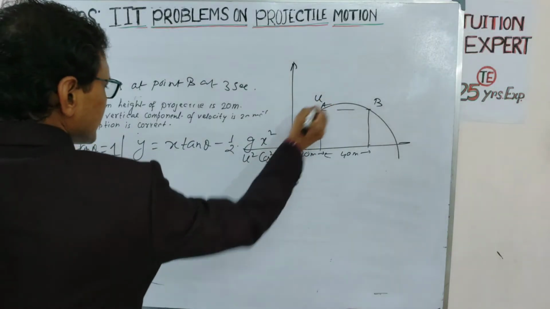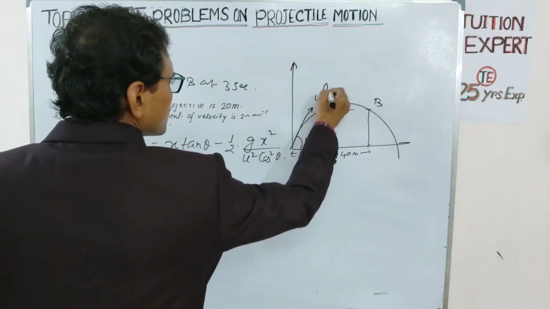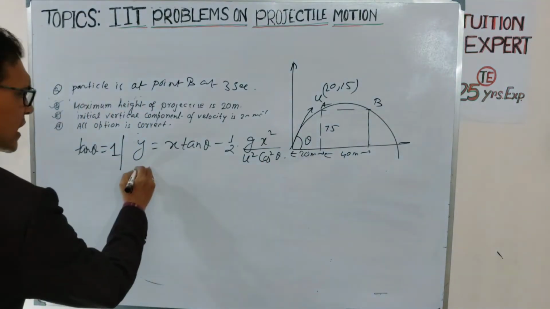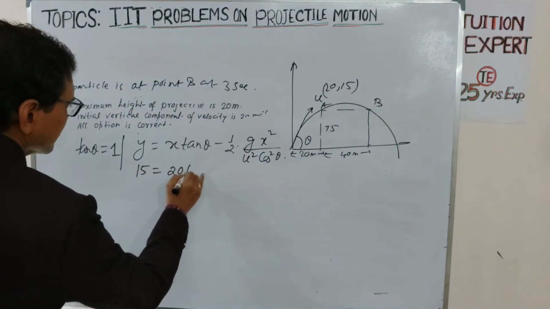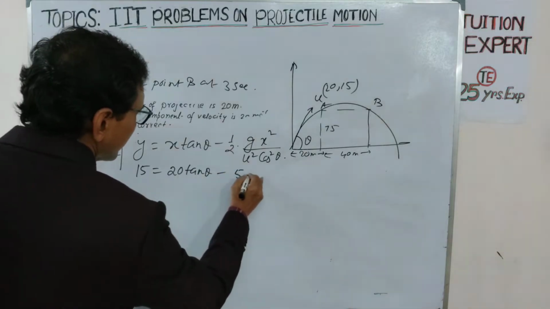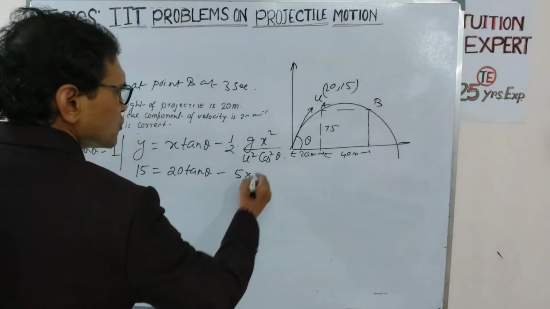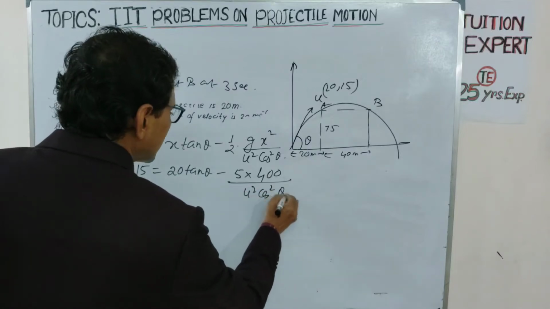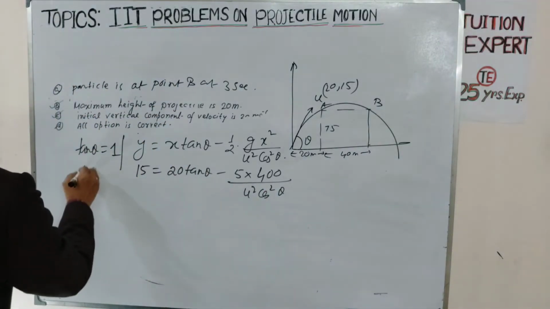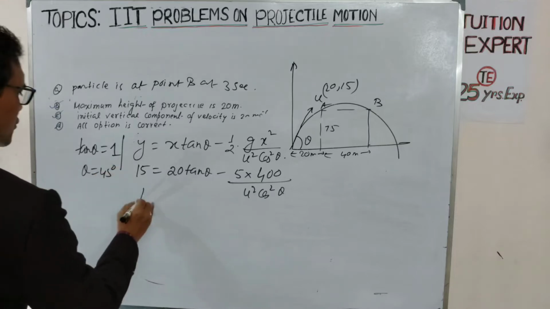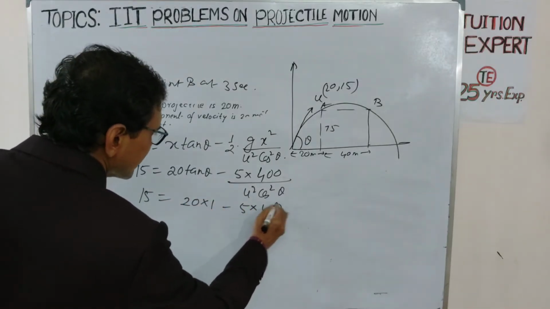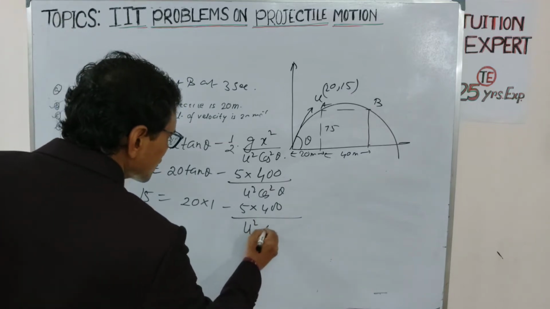Now A, that is point 20, 15, x is 20 and y is 15. Put here x equal to 20, so 400 by u square cos square theta. Now if we put tan theta equal to 1, that is theta equal to 45 degree, so we get 15 equal to 20 minus this by u square cos square theta.